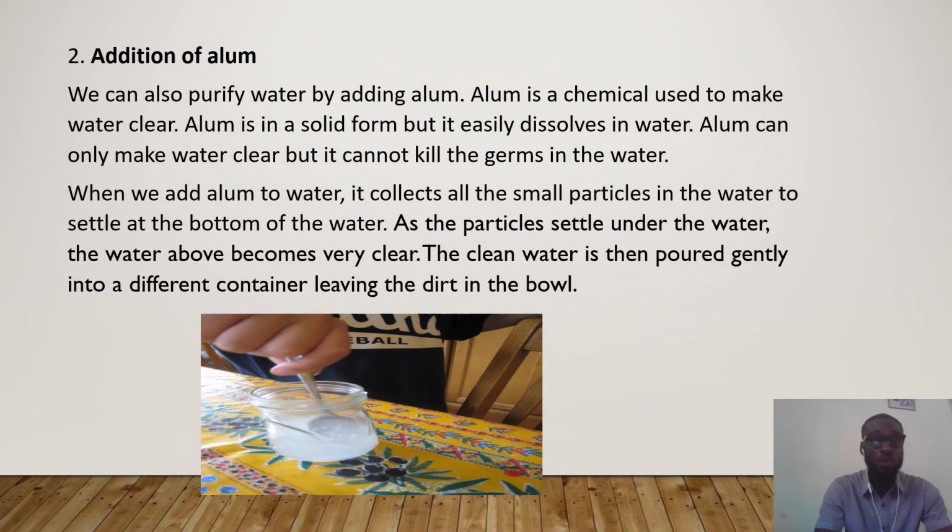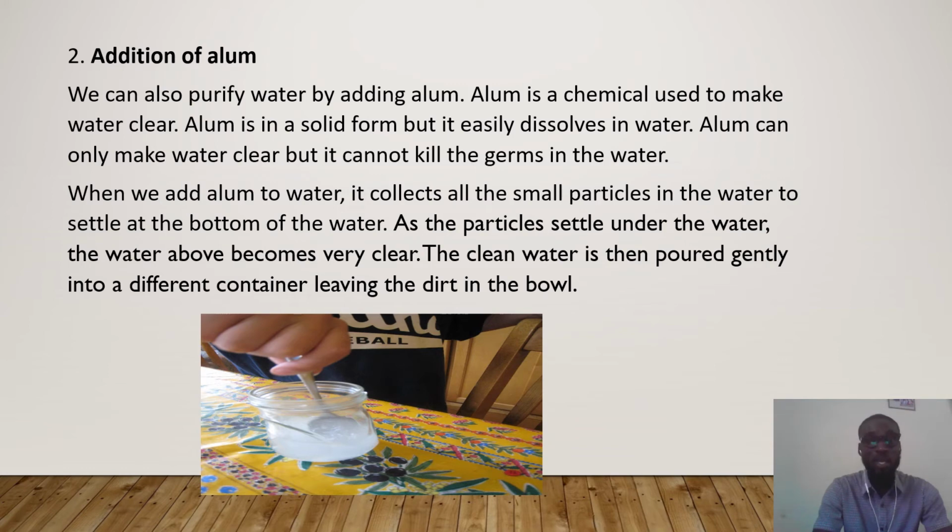Now we also have another method one can use to make water clean, and that is the addition of alum. Alum is a chemical used to make water clear. Alum is in a solid form, but it easily dissolves in water.